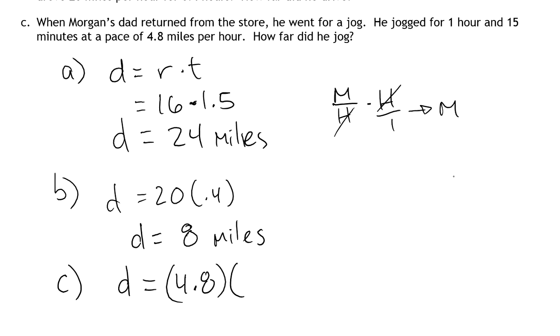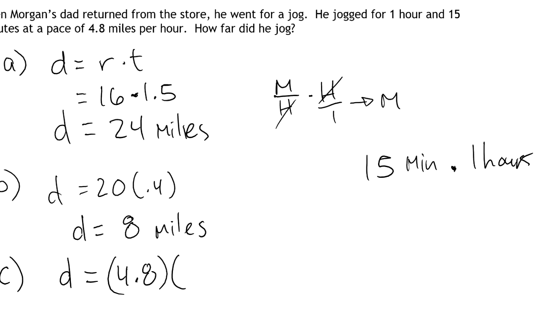Well, you know that 15 minutes, in terms of an hour, is 1/4 of an hour. And if you're not sure of that, you could use dimensional analysis, right? 15 minutes, if I multiply that by the fact that 1 hour contains 60 minutes, right?